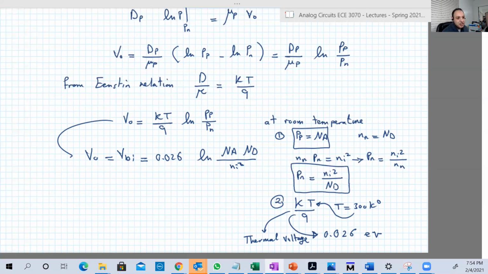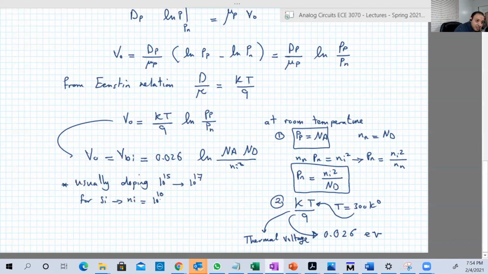One last observation here: usually the doping is between 10 to the power of 15 to 10 to the power of 17. And for silicon, ni is equal to 10 to the power of 10. So we can estimate NA, ND over ni square.